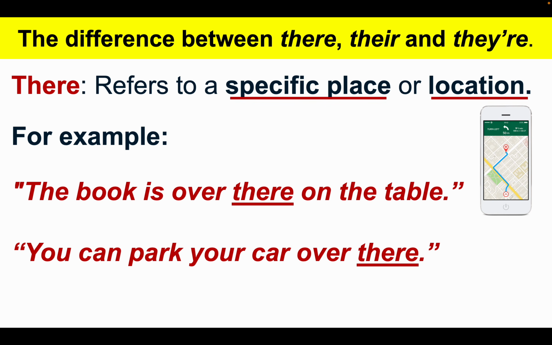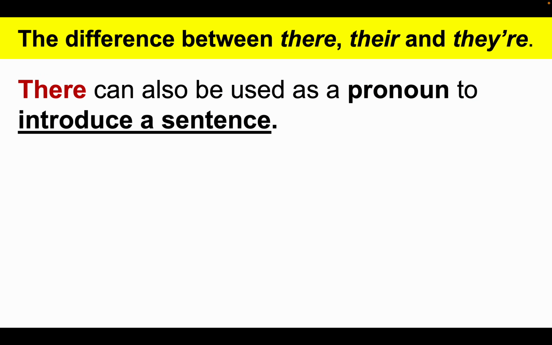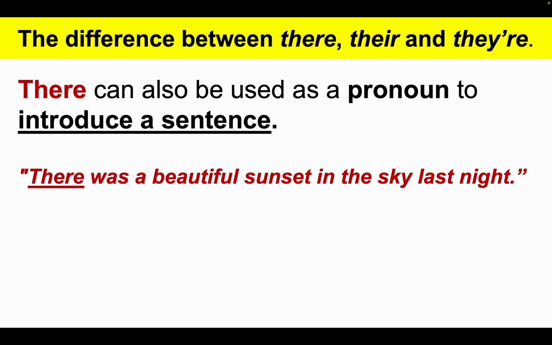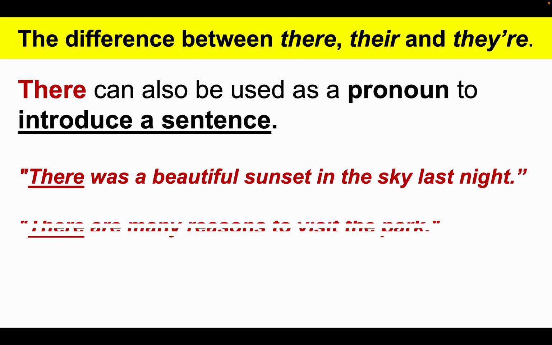However, the word T-H-E-R-E can also be used as a pronoun to introduce a sentence. Let me give you an example. There was a beautiful sunset in the sky last night. Or, there are many reasons to visit the park.